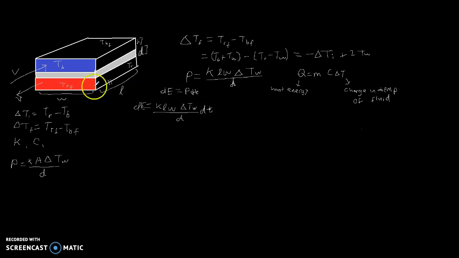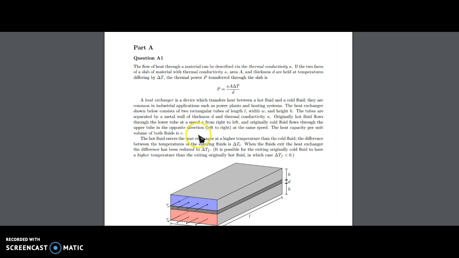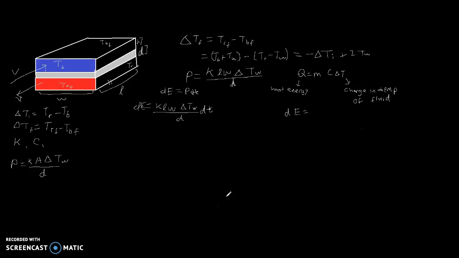So in this problem, our little change in heat energy, dE, is equal to, since the problem states that this is heat capacity per unit volume, we're going to have to multiply our heat capacity by the volume, similar to how the specific heat is multiplied by the mass. So in a small time dt, the volume would be the width times the height.